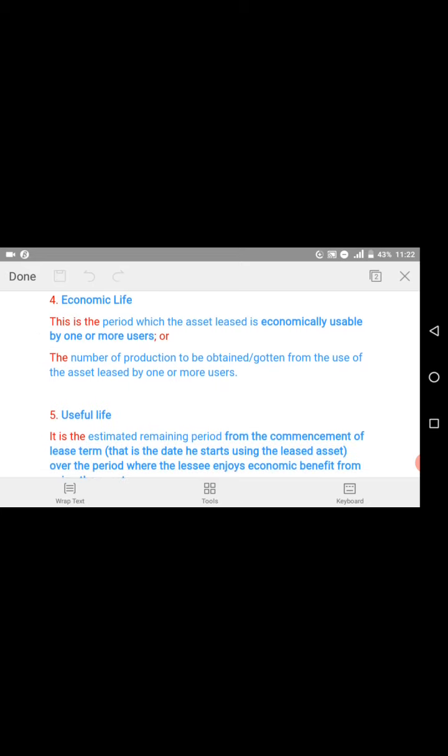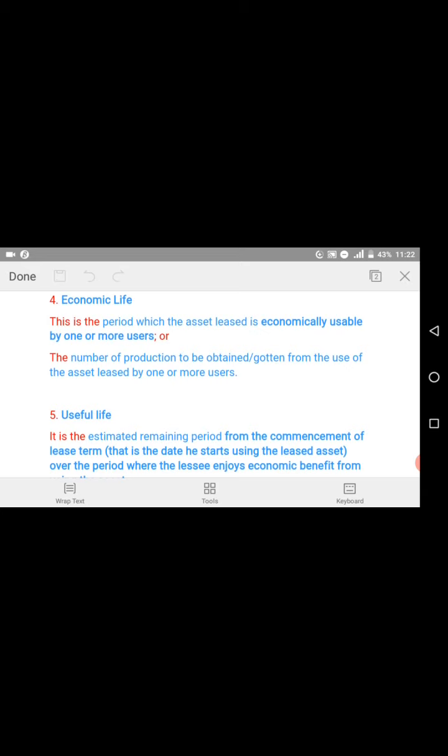This definition is useful life. You would note here that useful life and economic life are not the same. They are not the same, but in some instances they could mean the same thing, and I'll explain with the definition. It is the estimated remaining period, as the useful life.